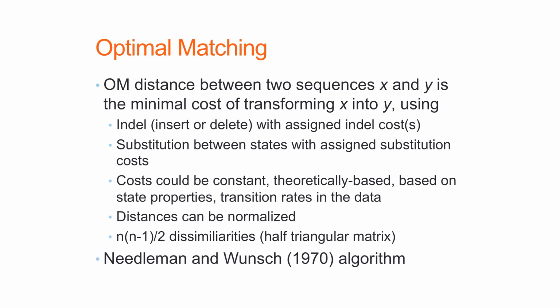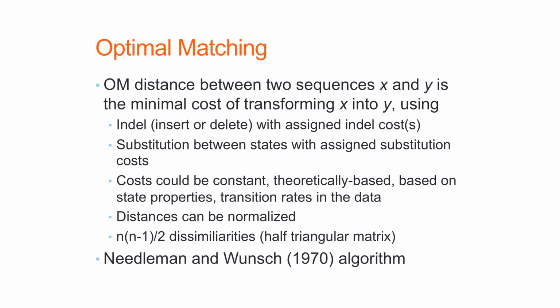So the optimal matching distance between two sequences, X and Y, is the minimal cost of transforming one into the other, as in genomics. So it uses indels and substitutions, and the analysts decide what those costs are going to be for indels and substitutions and create a substitution matrix for it. There are several options for doing this. The cost could be constant, assuming that all indels and all substitutions have the same cost.